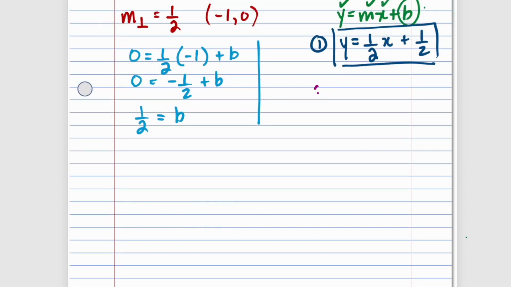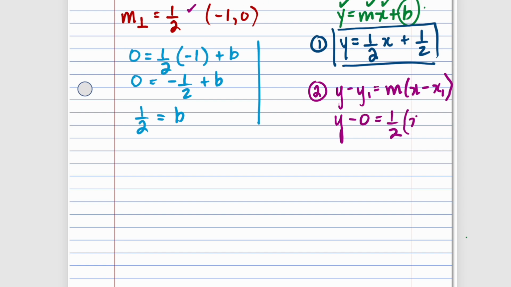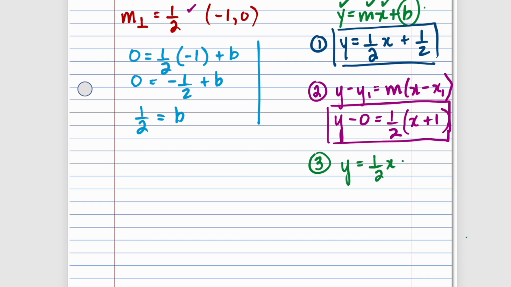First form. Second, we'll write the point slope. So we'll use y minus 0 is equal to 1/2 for the slope, bracket x minus a minus 1, which is plus 1. General form, we'll start with the slope y-intercept and times both sides by 2.